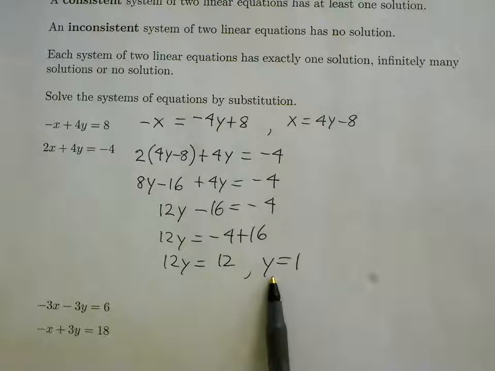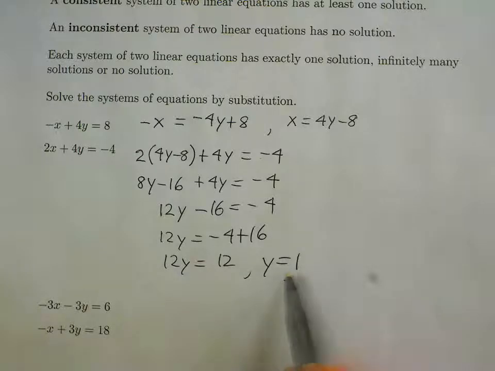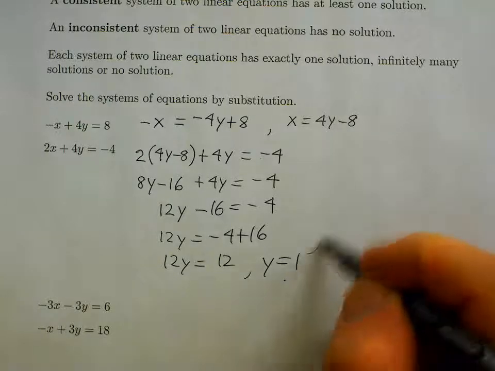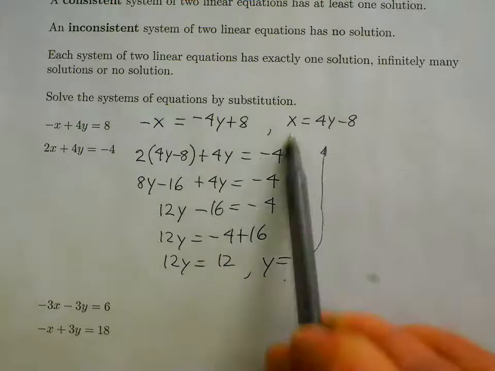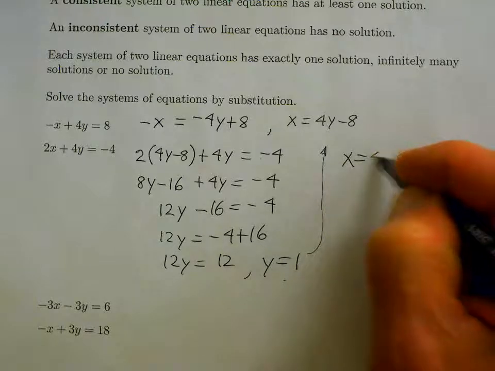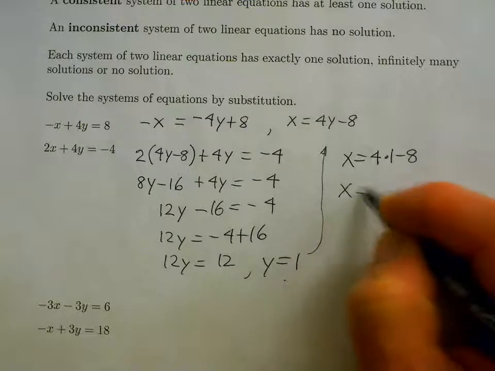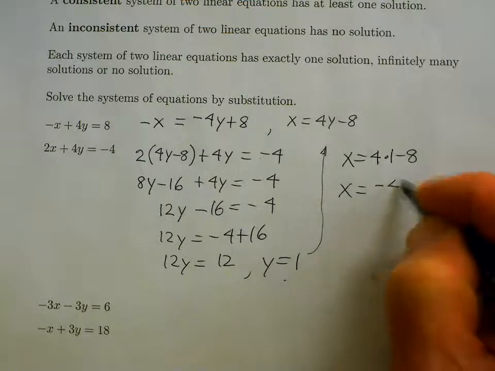So this tells us that the y-coordinate of the solution is 1, and to find the x-coordinate, we go back to what x is equal to and substitute y with 1, so x is equal to 4 times 1 minus 8. 4 minus 8 is negative 4.